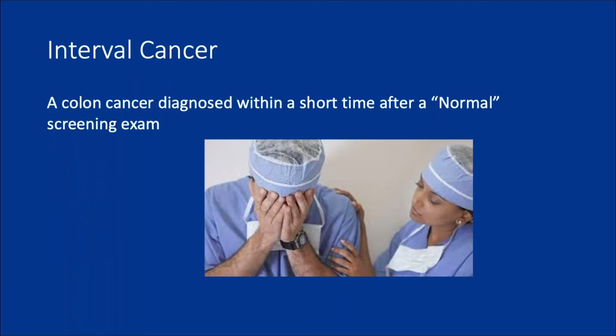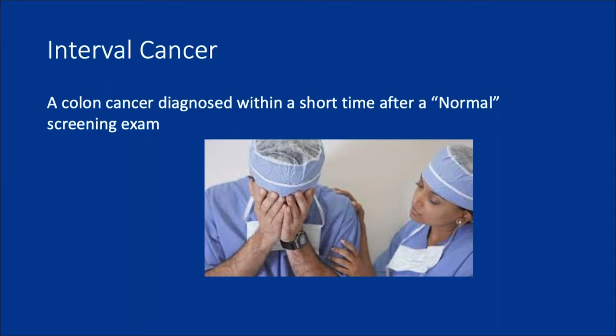So when we're talking about our particular patient here, what is this called? It's called interval cancer, and it's a colon cancer diagnosed within a short period of time after a normal screening examination. And let me tell you the personal story. It's happened to me. It's happened to all gastroenterologists over time, because again, there are certain things that we're going to talk about in a few moments that lead to this problem.